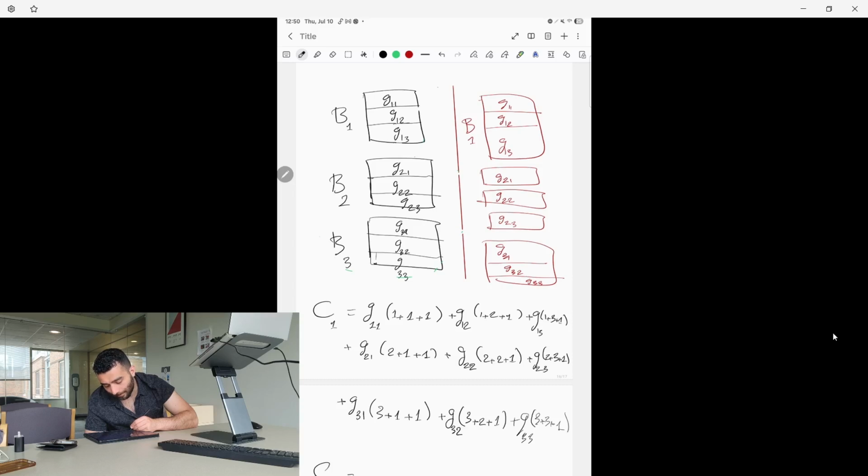And plus j is k plus 1 to m, I equals 1 to nj, G_ji, I plus j plus 1 and k minus 1.